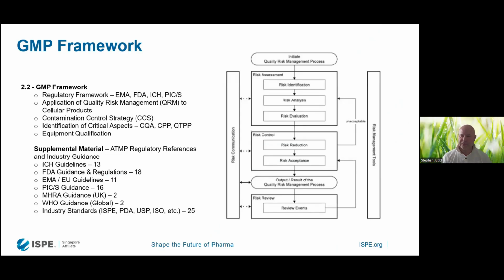And the diagram on the right is taken from ICH Q9, so it's not a new approach, but it's a very critical approach to this particular industry, because of all the differences and to some degree the lack of harmonization in the approaches and the wide range of different strategies and manufacturing process design that is in the industry at the moment.